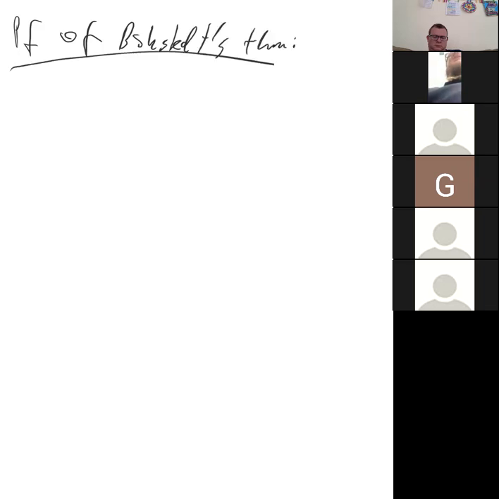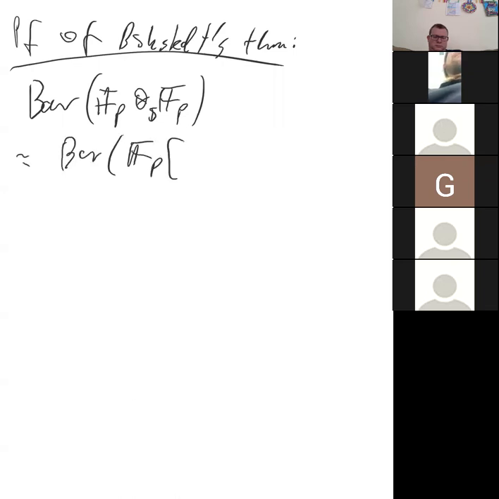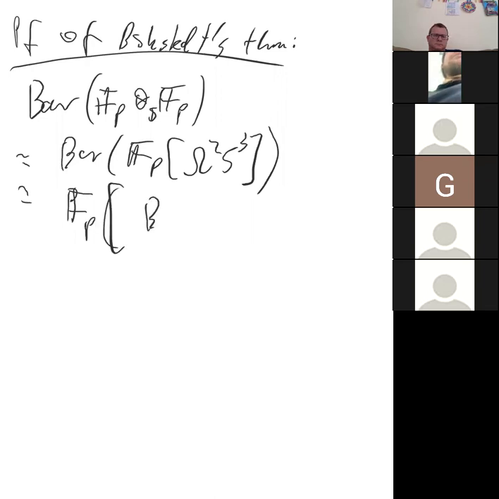So how do we do that? Well, we just identify the bar construction on this guy. That's by definition THH. We identify this with the bar construction on this free guy. And then by general formulas on how the bar construction behaves well with colimits and so on, you can pull in the bar and get the bar construction in spaces here.